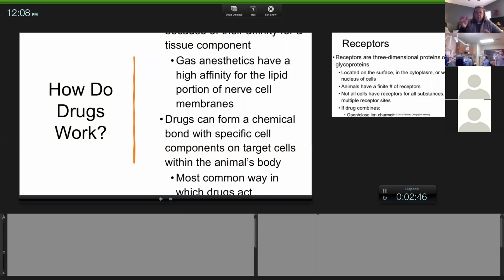And remember, we talked about drugs can be lipophilic, hydrophilic, and the way they're designed is to target a certain tissue. We talked about gas anesthesia having a high affinity for fat, but the brain being the neurons and absorbing into the brain because of the fatty tissue, it's designed for that target tissue to create the uptake, to create the effect of the drug that we want.